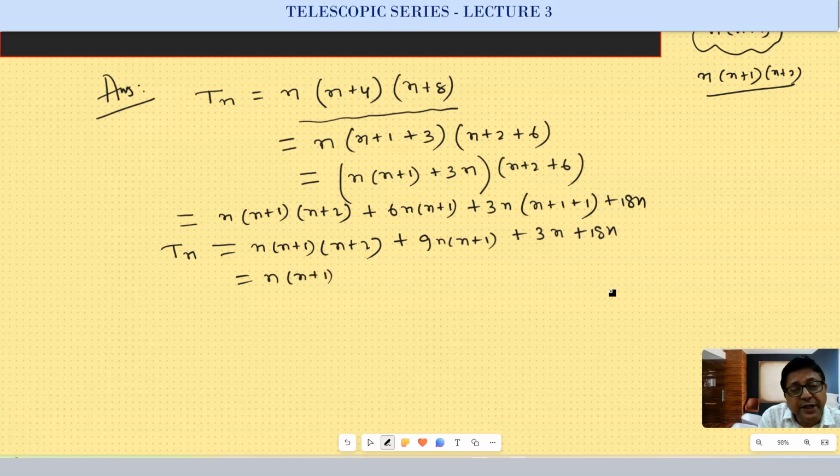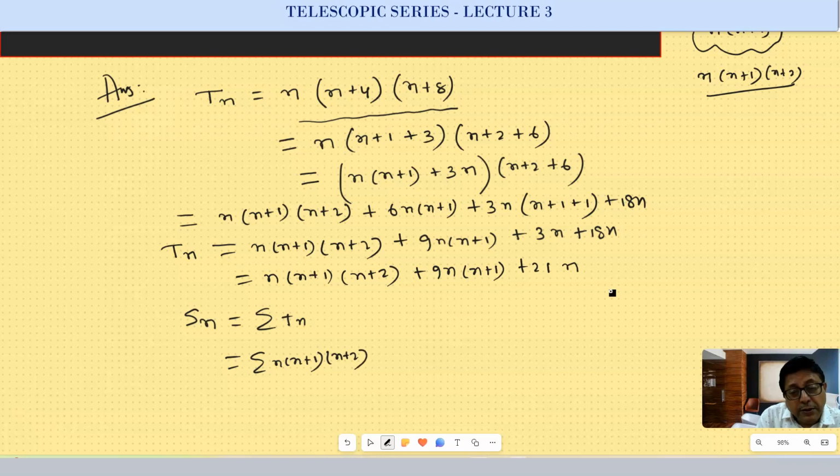Sum of these n terms: n plus 1, n plus 2, plus 9n into n plus 1, plus 21n. So of course when you write Sn, this is going to be sigma Tn. This is nothing but sigma of n plus 1, n plus 2, plus 9 sigma n into n plus 1, plus 21 sigma n.